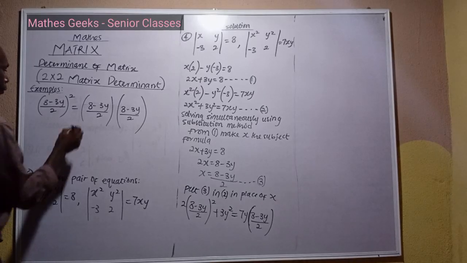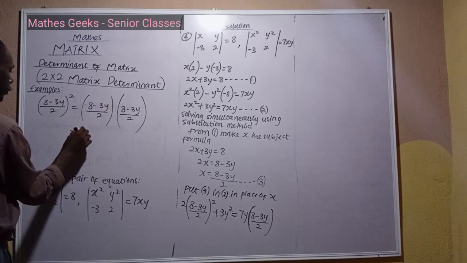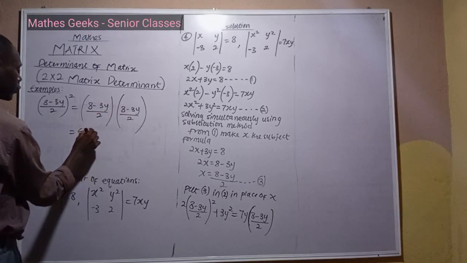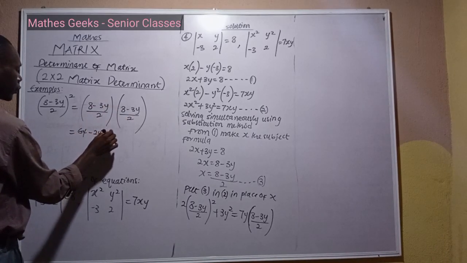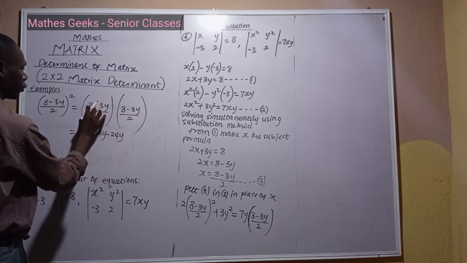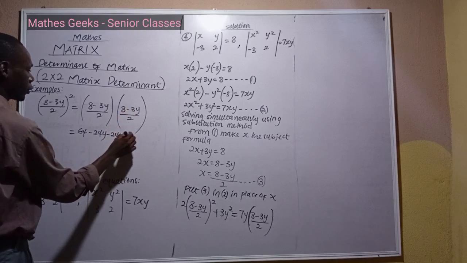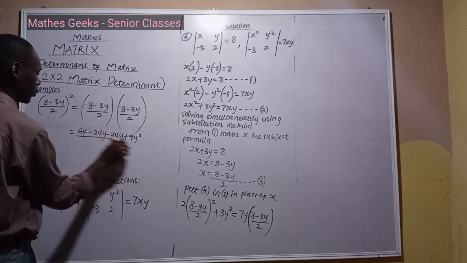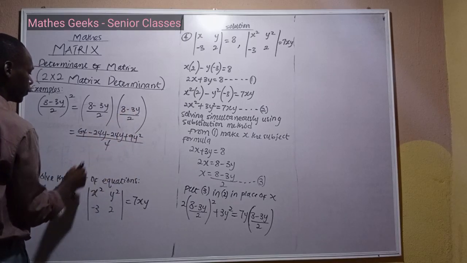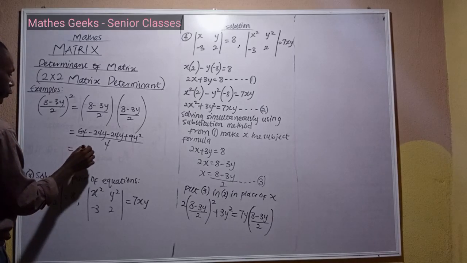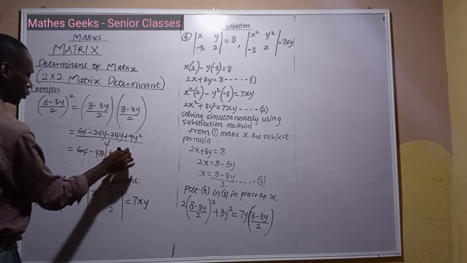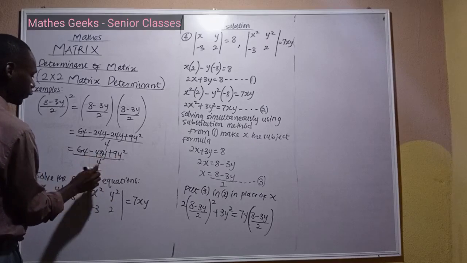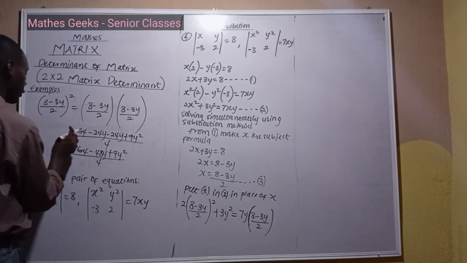So 8 times 8 is 64. 8 times minus 3y is minus 24y. Minus 3y times 8 gives minus 24y. Minus 3y times minus 3y is plus 9y squared, over 2 times 2, 4. This is 64 minus 48y plus 9y squared over 4. So put all of this here.